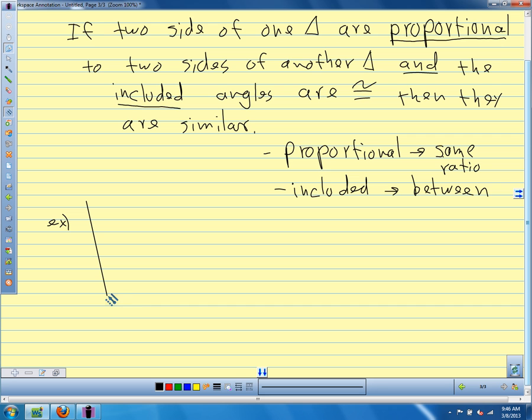So here are my triangles. And we're going to say that this side is 14, and this is 7, and this is 10, and this is 5. So before I even put the angles in there, are these two sides proportional?